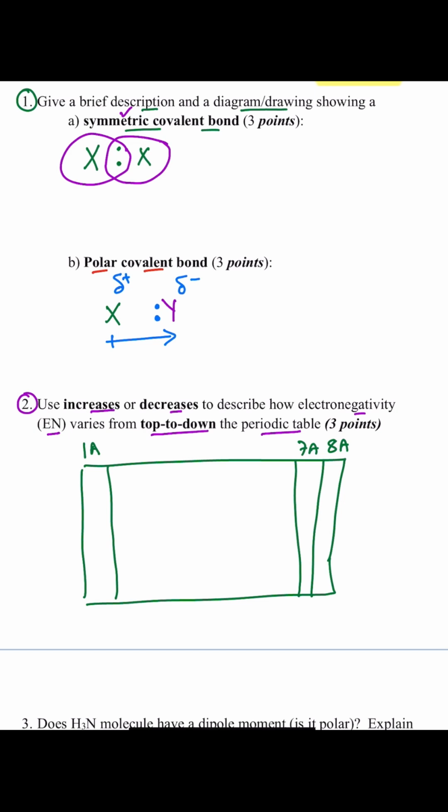The electronegativity increases across the periodic table, and also increases up the group. So we will say that on the left is going to be partial plus, on the right until you get to group 7A it's going to be partial negative. The most electronegative element in the periodic table, right in this corner here, is going to be fluorine. And then the least electronegative element will be on this other corner.